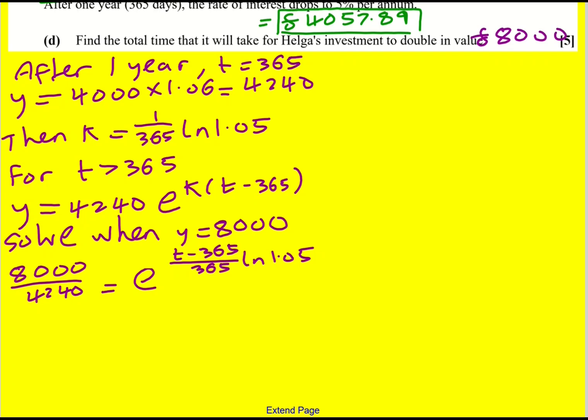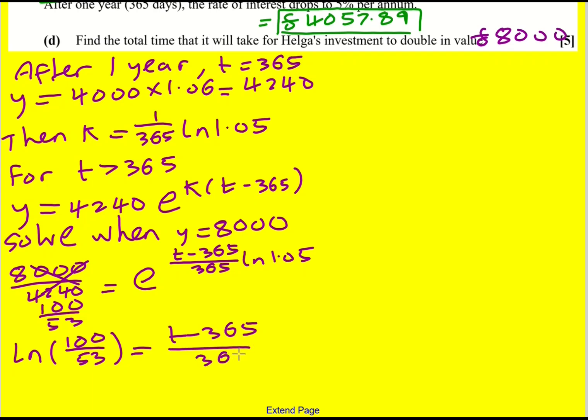And this ends up being 100 over 53 here. And let's do ln of both sides. So ln of 100 over 53 is equal to (t minus 365) over 365 times ln 1.05.